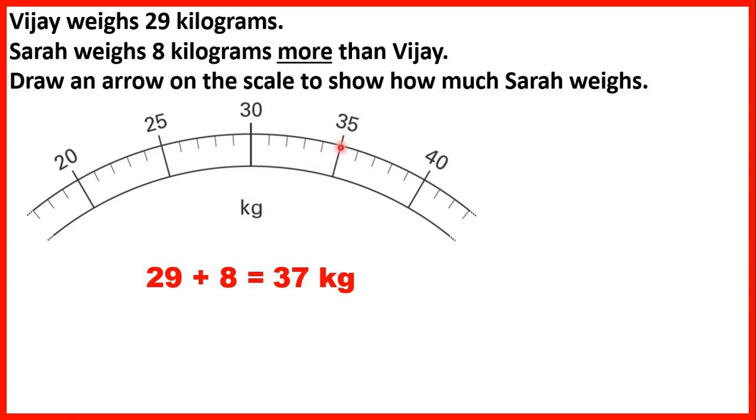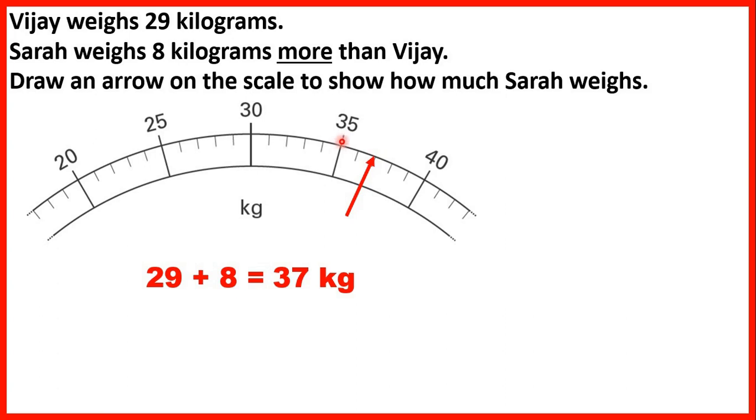We can see that here we have 35 and here we have 40. And to get from 35 to 40, we have 1, 2, 3, 4, 5 lines. So each of these little lines must be 1 kilogram.